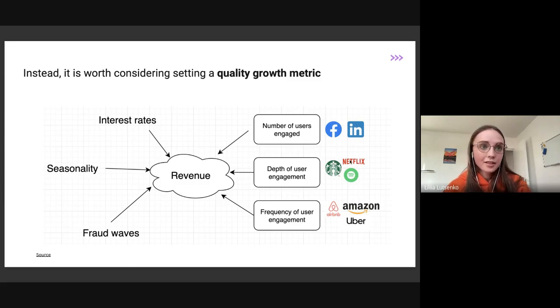For Netflix, it's hours content watched. So this is deep customer interaction with the product, because they know the more content will be watched, the more revenue they will get. But this is the core thing, demonstrating depth, not only the number of customers engaged, but also how much they are engaged. This is the most valuable thing for them.